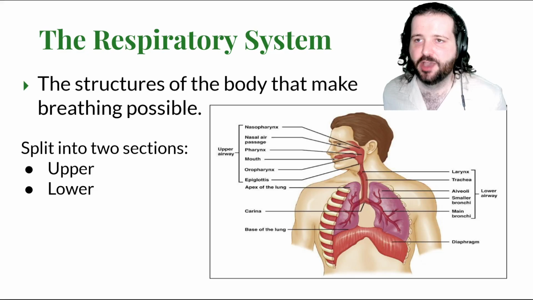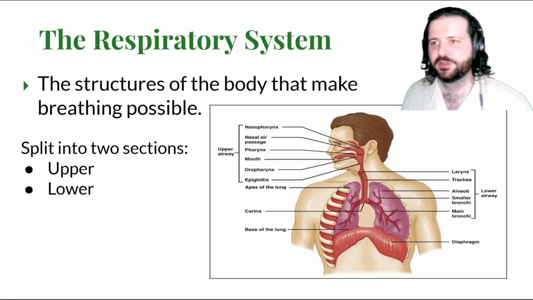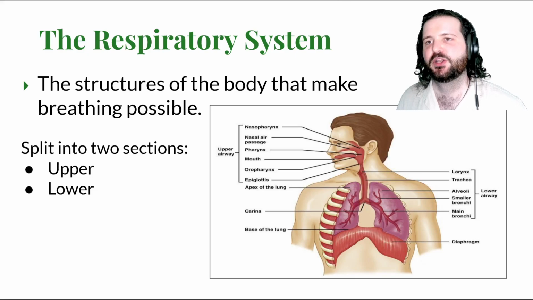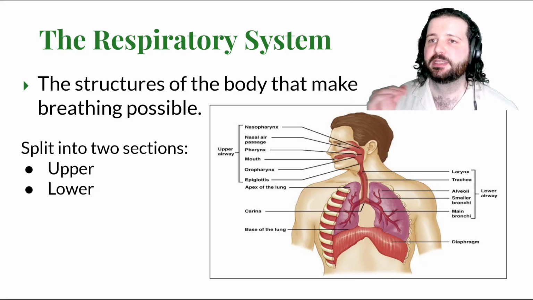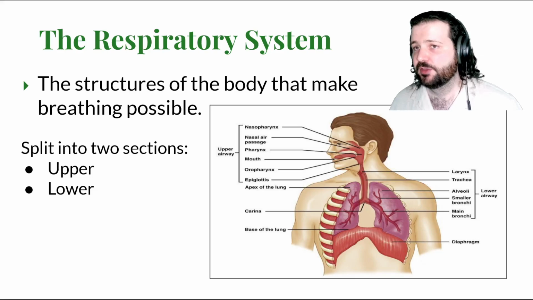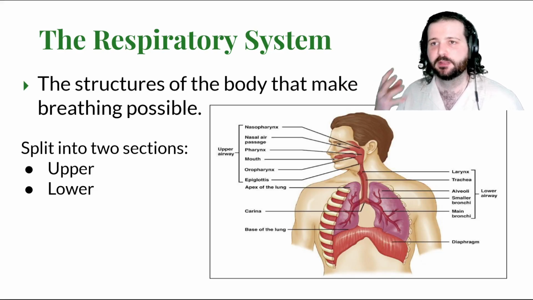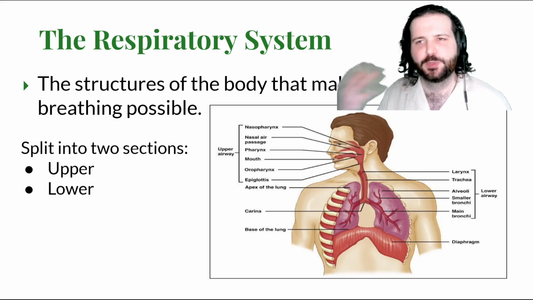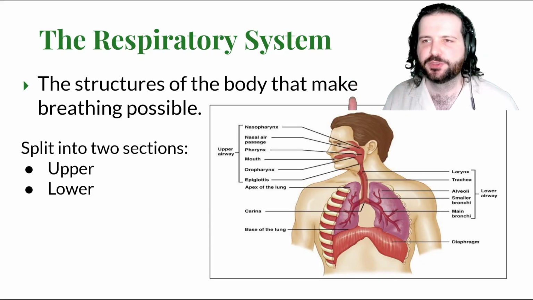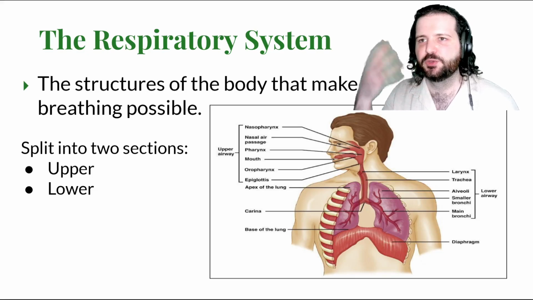All right, so now we're on to the breathing system, the respiratory system. Now, we split this up into two different sections. We call them the upper airway and the lower airway. The upper airway is a little bit easier for us to understand because we can actually see it, right? If somebody opens their mouth, you can look inside and see those structures.